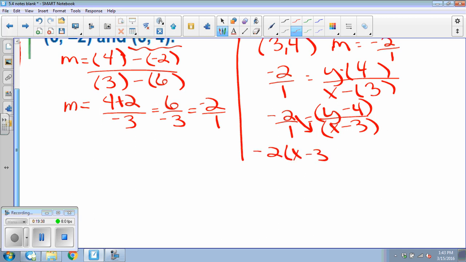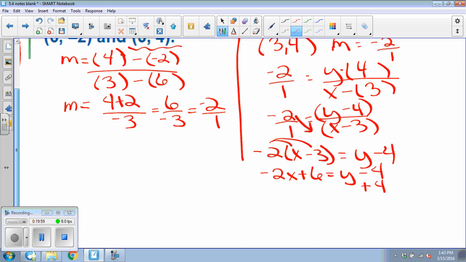Negative 2 times x minus 3 equals y minus 4, because that's just multiplied times 1. Okay, so distribute the negative 2, so negative 2x plus 6 equals y minus 4. Then all we have left to do is add 4 to both sides. So negative 2x plus 10 equals y.